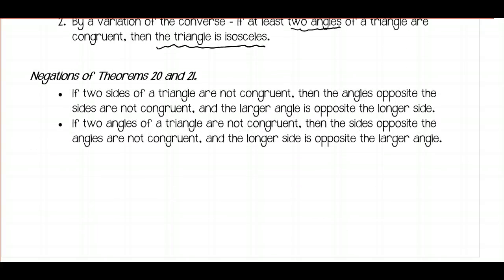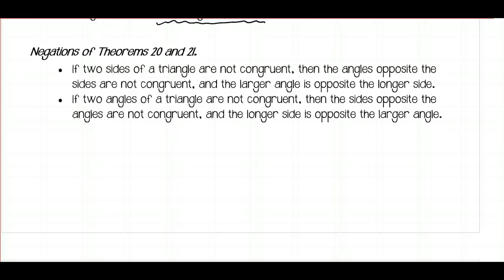Now, we also have the negations of theorems 20 and 21, which say if two sides of a triangle are not congruent, then the angles opposite the sides are not congruent, which makes sense, but here's the important part: the larger angle is opposite the longer side.